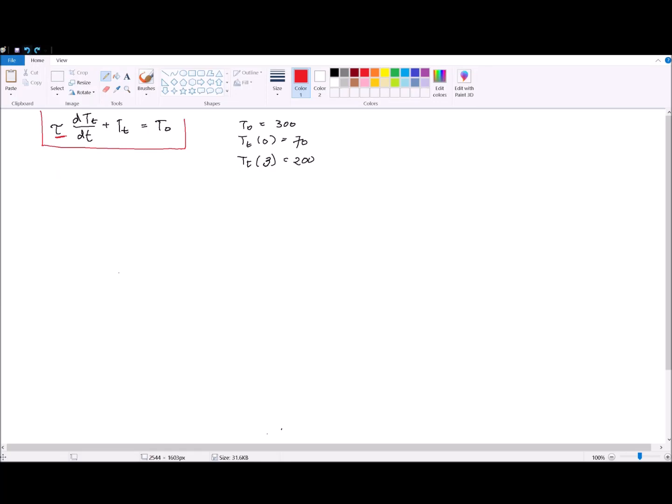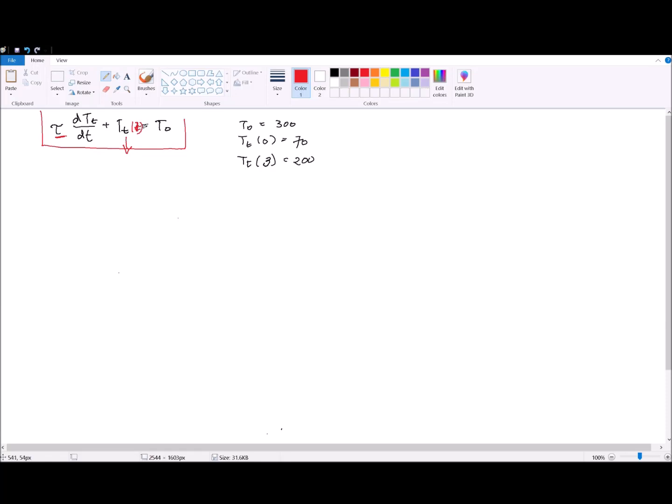How I'm going to do it is that I will use the Laplace transformation to solve the differential equation. All of these functions in the differential equation are in the time domain. So T sub t in here is technically a function in the time domain.